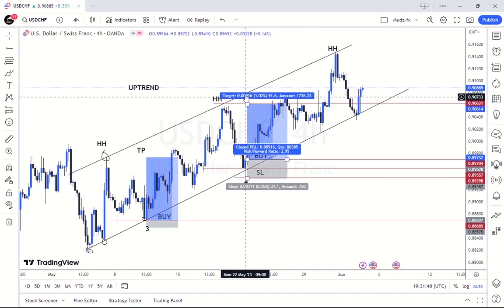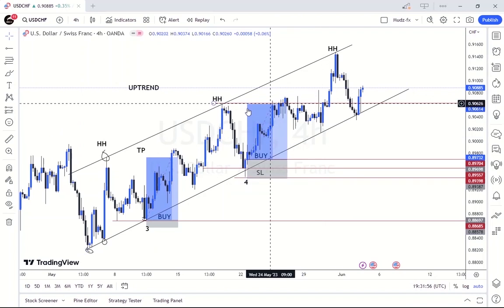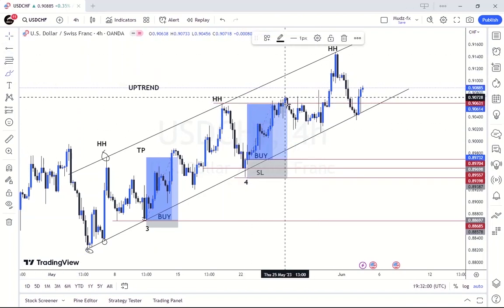Then again, we wait for the market to hit our trend line after a corrective wave.